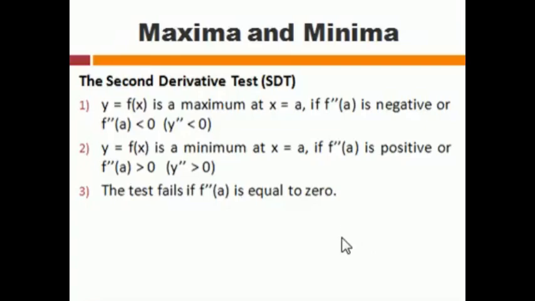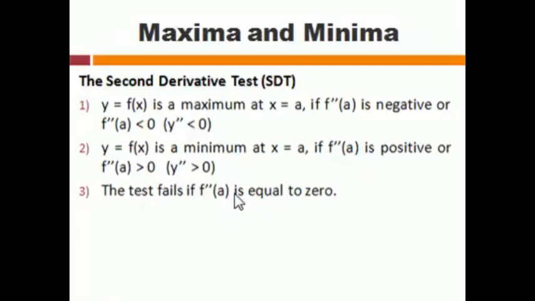Second derivative test. y equal f of x is maximum at x equal a if f double prime a is negative, or f double prime a is less than 0. y equal f of x is minimum at x equal a if f double prime a is positive, or f double prime a is greater than 0.